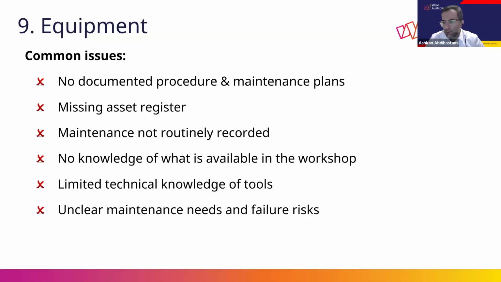Common issues in Clause 9, equipment, include no documented procedures, missing asset registers, and unchecked maintenance. Often staff are not aware of what equipment is available or how to maintain it properly. This is another issue.